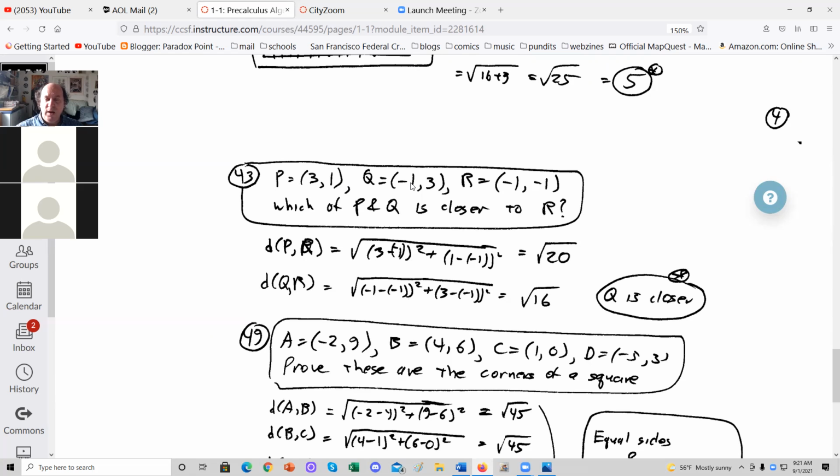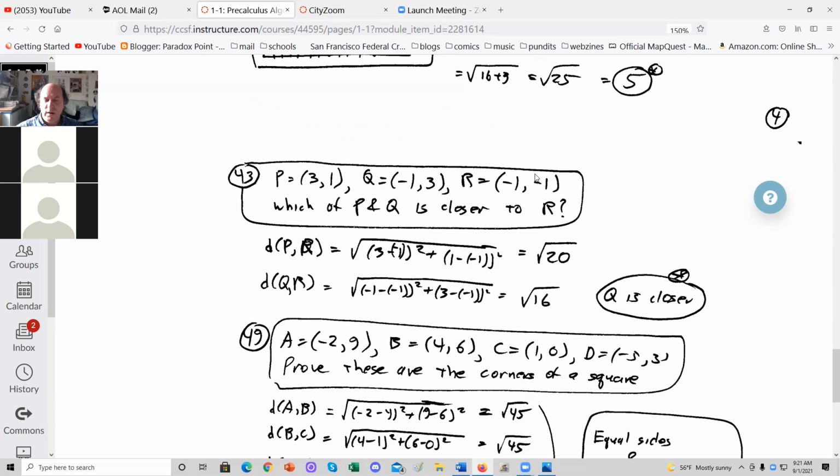For Q to R, the distance is negative 1 minus negative 1 squared plus 3 minus negative 1 squared. This cancels, you get the square root of 4 squared, root 16. Of the two, root 16 is smaller than root 20.